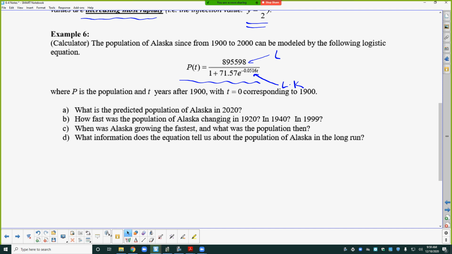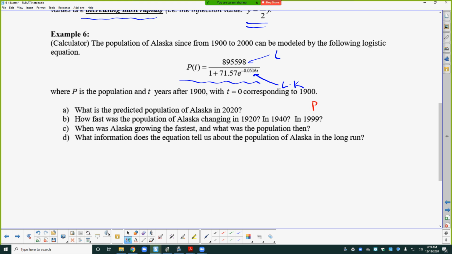How fast was the population of Alaska changing in 1920, 1940, 1999? How fast? That's asking for a rate. That's asking for a derivative. I have to look at the scoring rubric for this one.